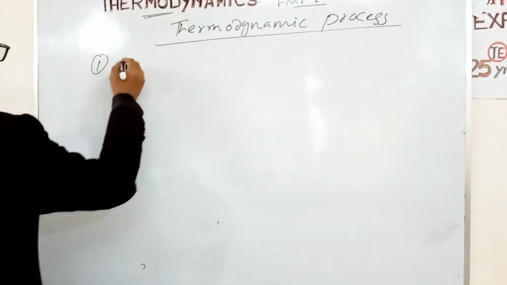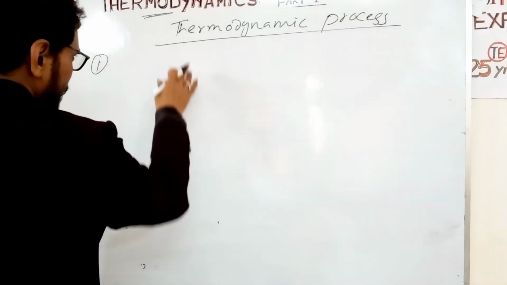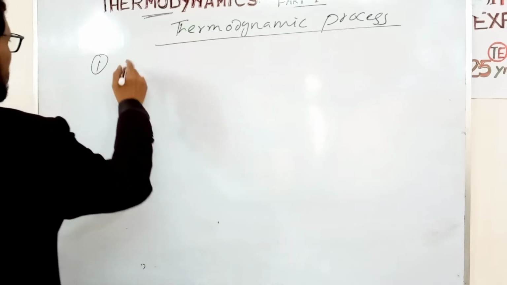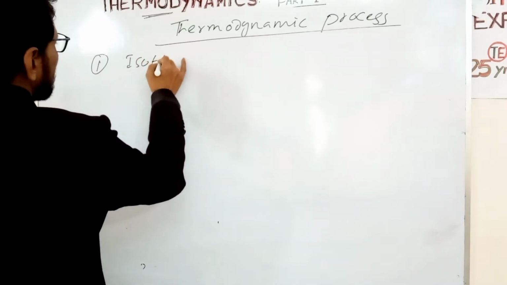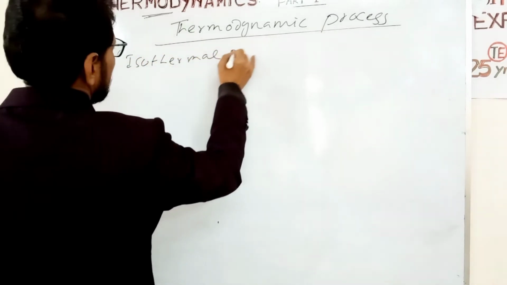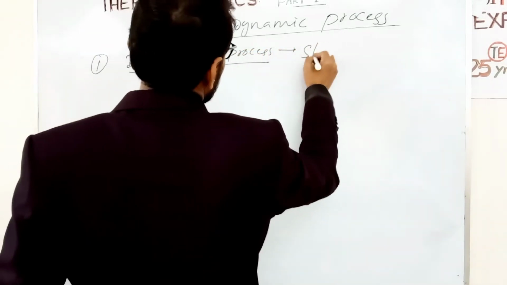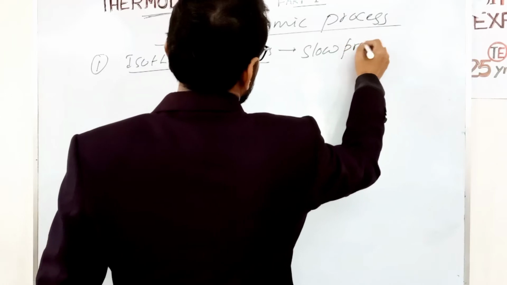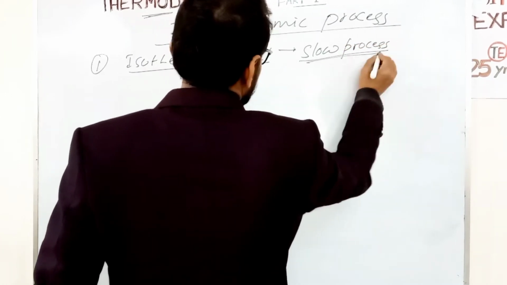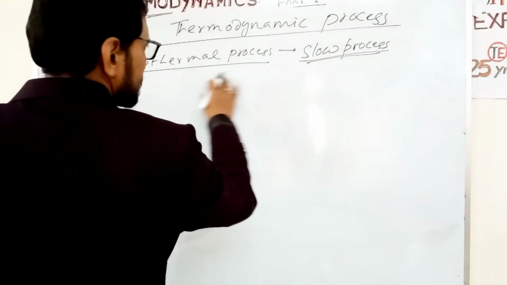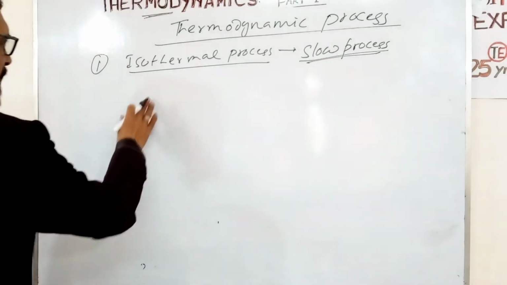What is a thermodynamic process? There are four main processes. The first process is the isothermal process, also called the slow process. I will explain how it is called a slow process.